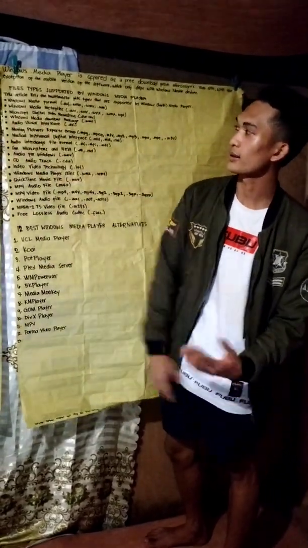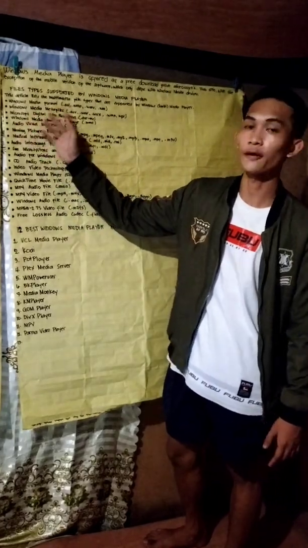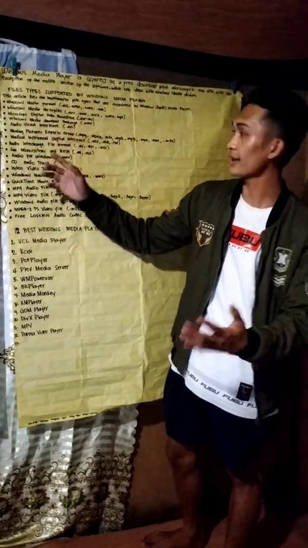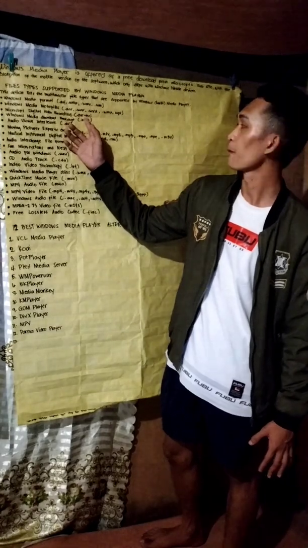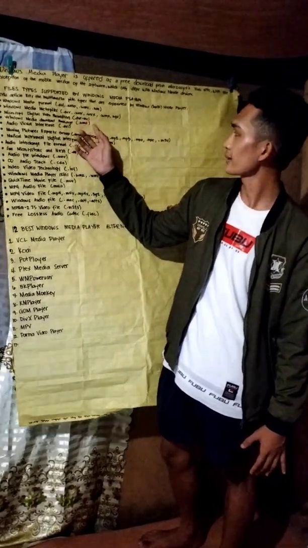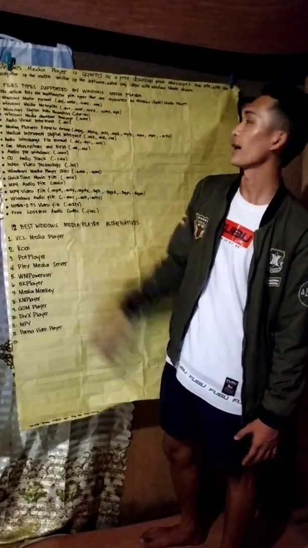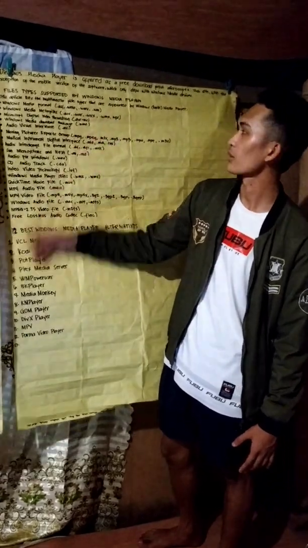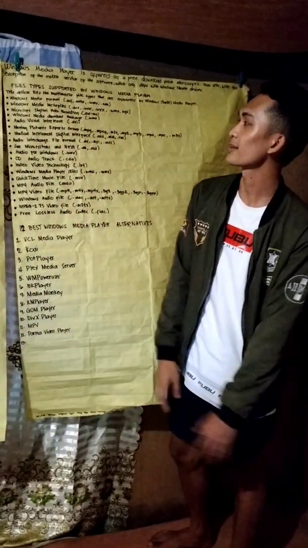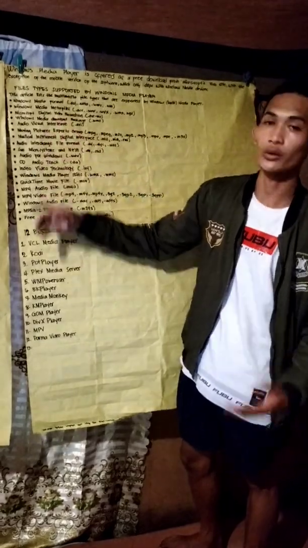The second is Windows Media Metafiles. We have here ASX, WAX, WVX, WMX, and WMPL. The third one is Microsoft Digital Video Recording.